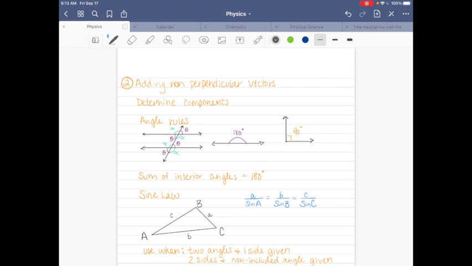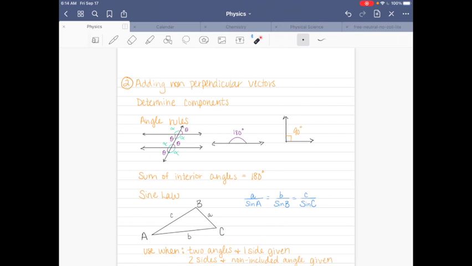Okay, so just as a review from geometry, just our different angle rules, remember that with two parallel lines that are intersected by a singular line, alternate interior angles are congruent, so these two are congruent and these two are congruent, and exterior alternate angles are also congruent.